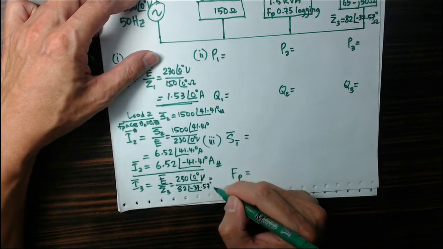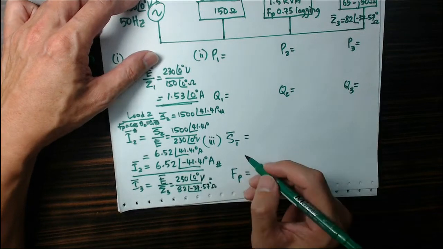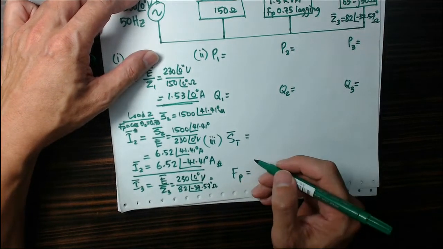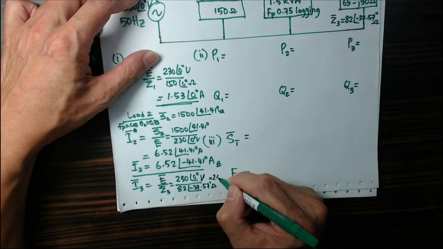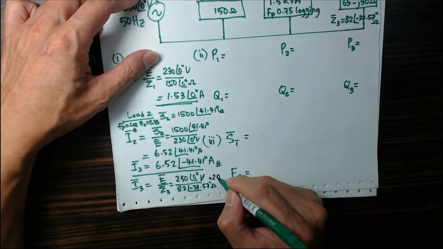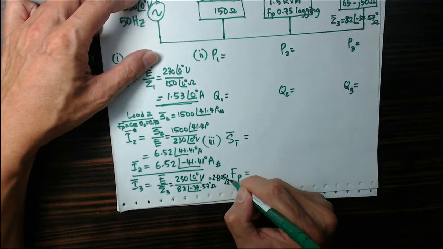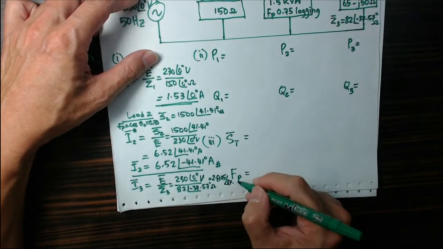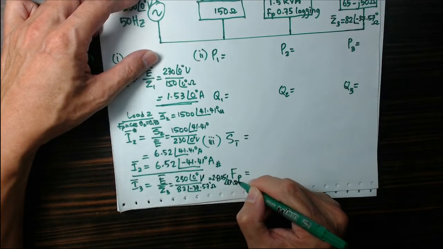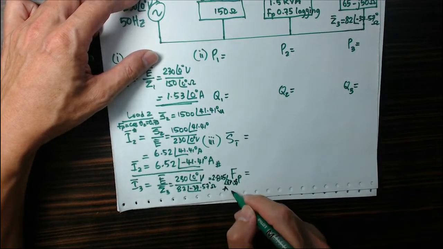That gives me a current of 2.805 at an angle of 37.57 degrees ampere.